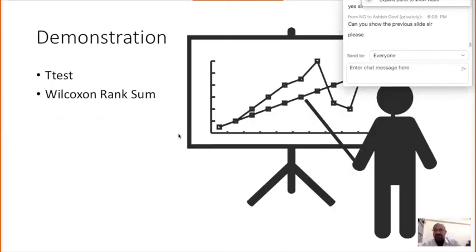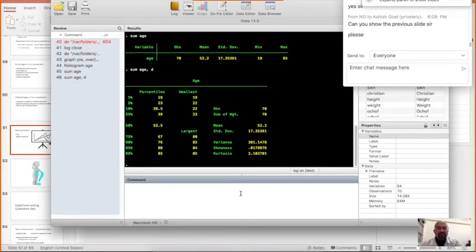So let's do a quick display and demo on t-test and Wilcoxon ranks test. So let's go back to our demo version. And I want to see if the age of the women were different from age of the men.